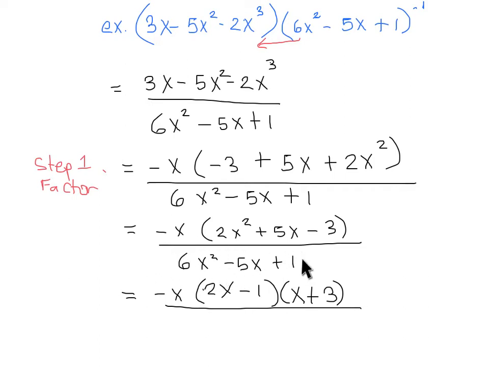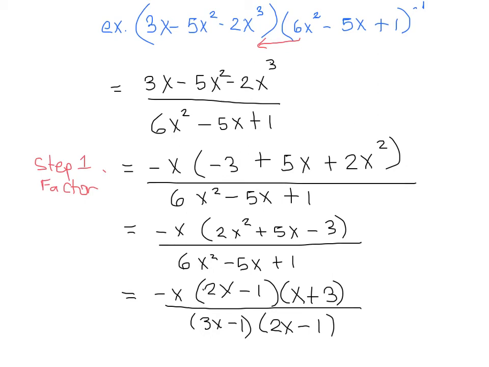When we factor this expression, using diamond box or trial and error, we get 3x minus 1 times 2x minus 1. So again, if you don't remember how to factor, just look at one of those videos and you will definitely get it.